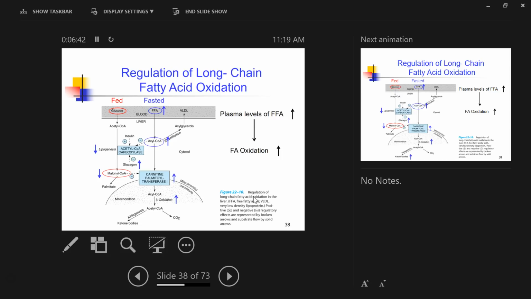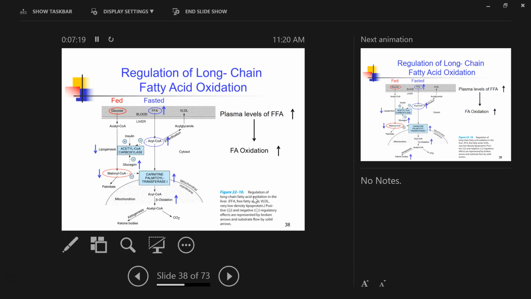Beta oxidation to acetyl-CoA, acetyl-CoA enters the TCA cycle and is completely oxidized, generating FADH2 and NADH, and then the reducing equivalents are transported to oxidative phosphorylation, the respiratory chain, for ATP production.